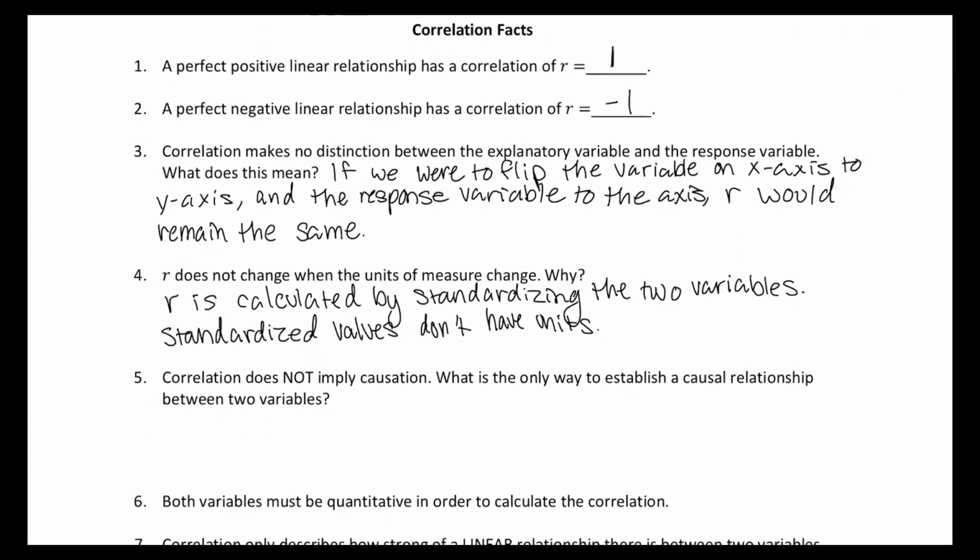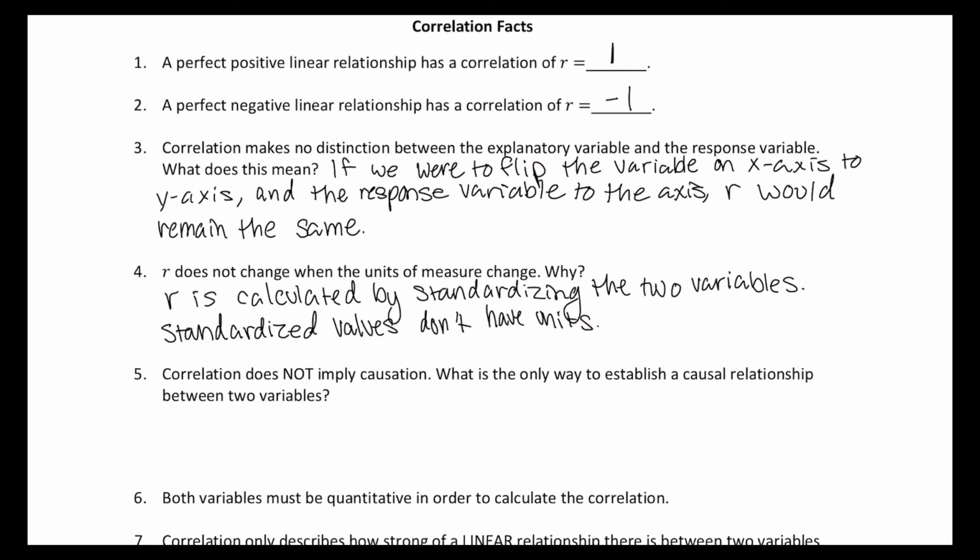The other thing, and this is one of the most important things, is that correlation does not imply causation. There's only one way that we can establish a causal relationship between two variables, and that is a well-designed experiment, something we'll talk about in the next unit.